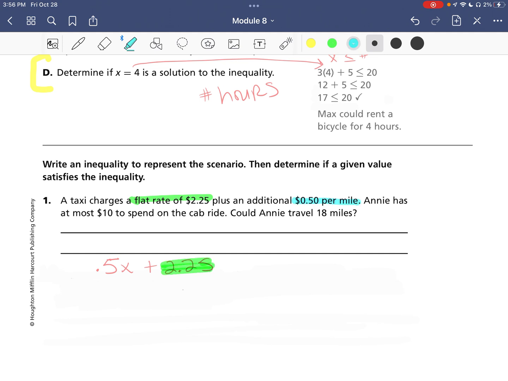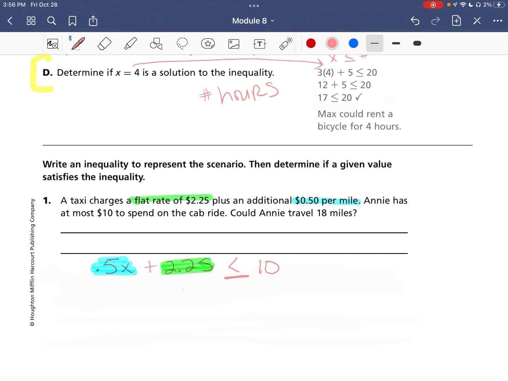Our cost per mile is here. And then at most, she could spend $10. It isn't just less than, it's or equal to, because at the very most, she has that $10 bill. So really imagine that. She has a $10 bill, not $9.99. $10. So that is an or equal to.